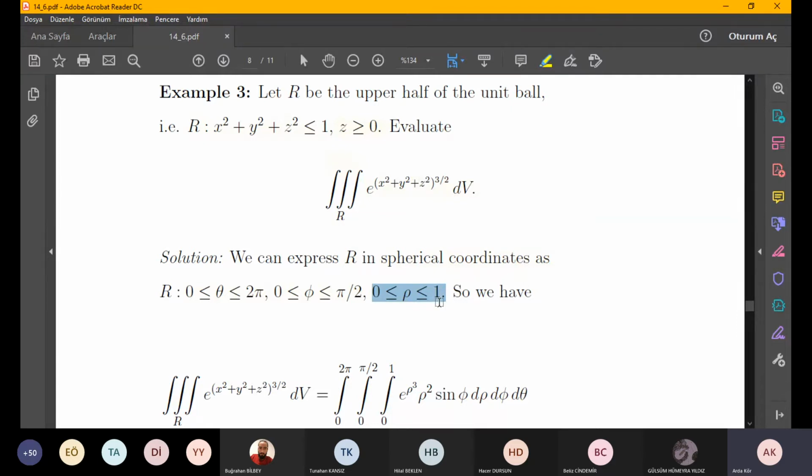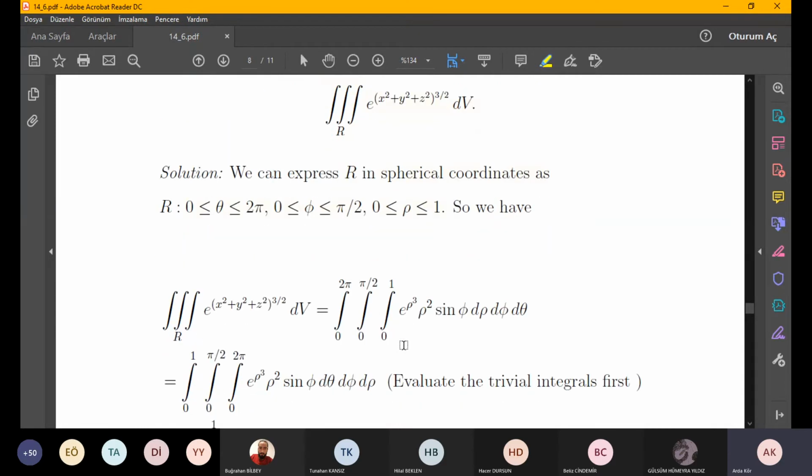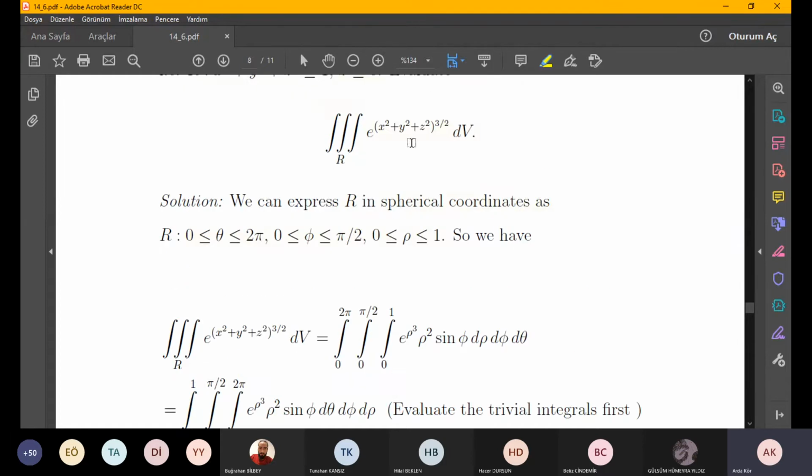So now we can write the triple integration in terms of rho, phi, and theta. So we need to write the function of x, y, z, which is e to the power of (x squared plus y squared plus z squared) to the 3 over 2, in terms of rho, phi, and theta.